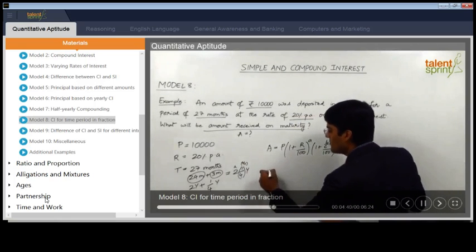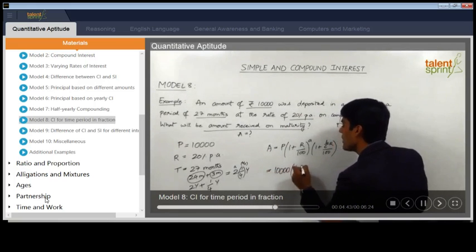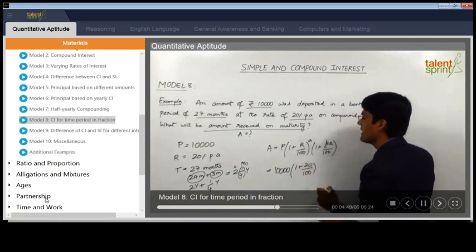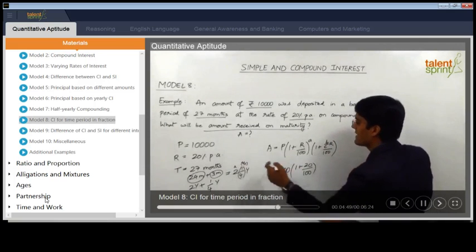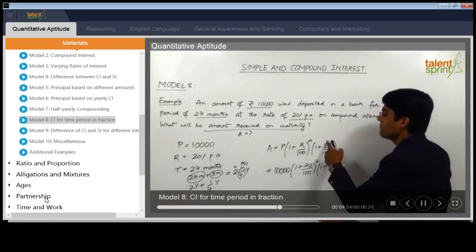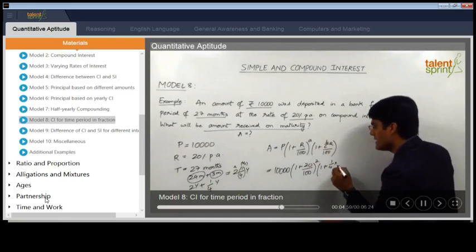So the amount can be taken as principal, that is 10,000 into (1 plus 20/100) whole to the power of a, a is nothing but 2 complete years, into (1 plus b by c, which is 1/4, into the rate of interest again 20%, divided by 100).